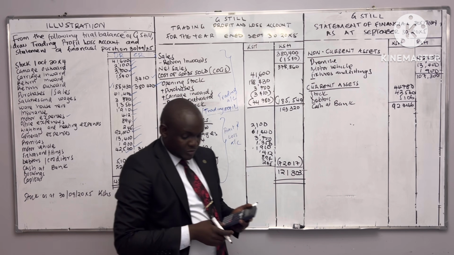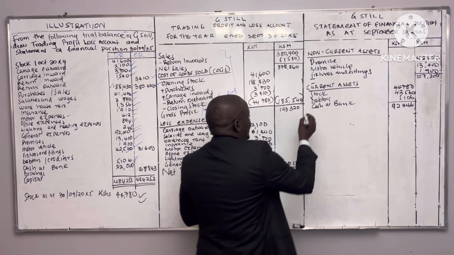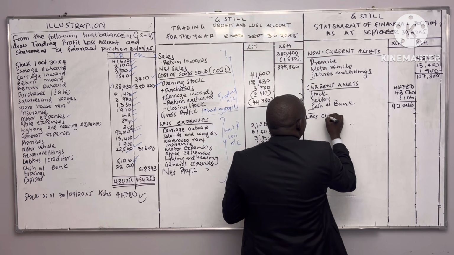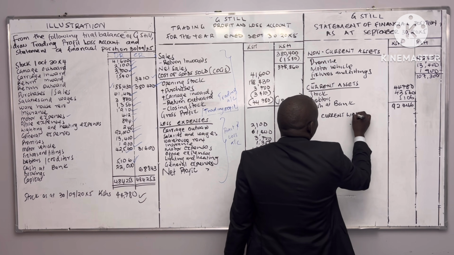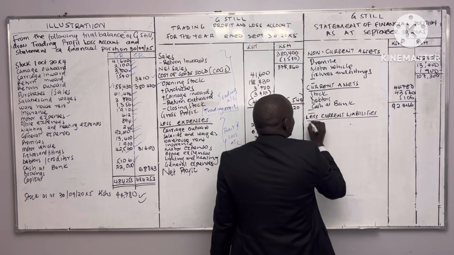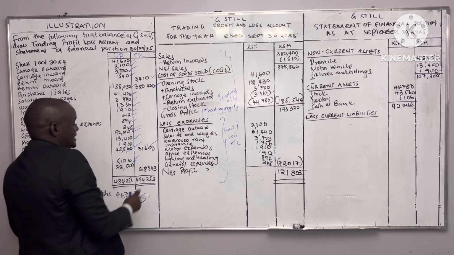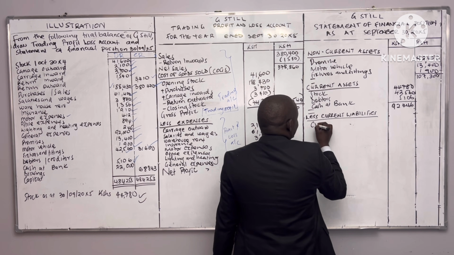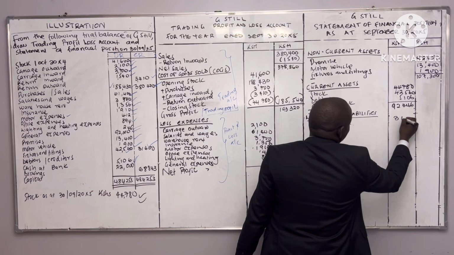I can use what we call the net worth format. And if it is the net worth format, then I just say less current liabilities. Current liabilities are usually on the credit side. It's this one, 31,600, which is creditors.